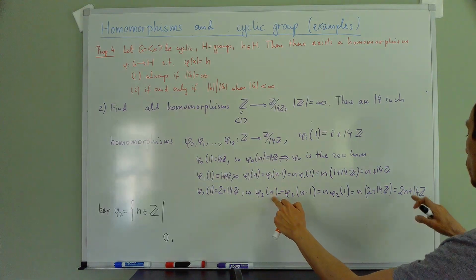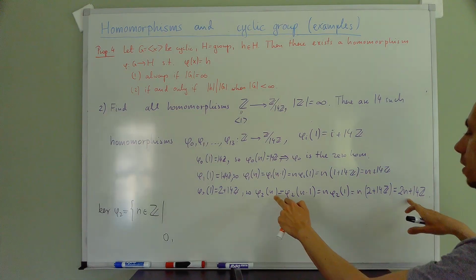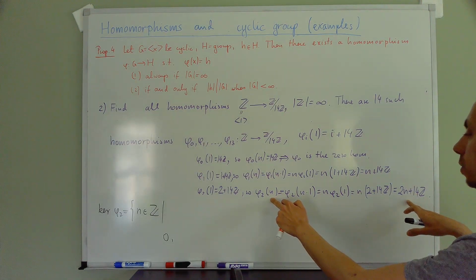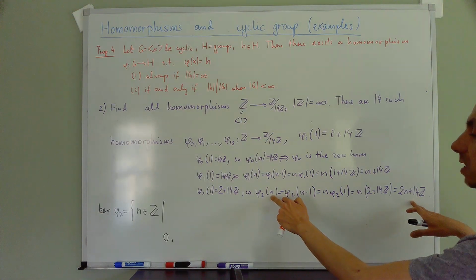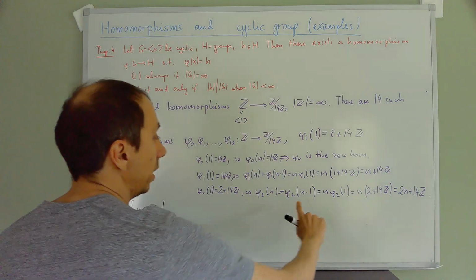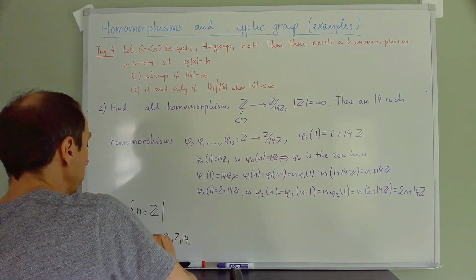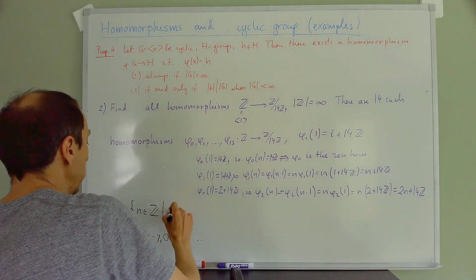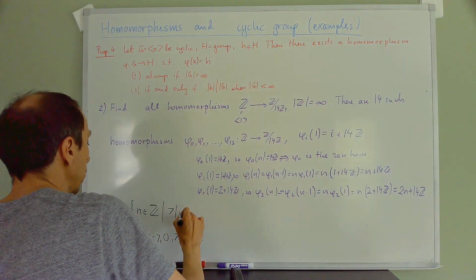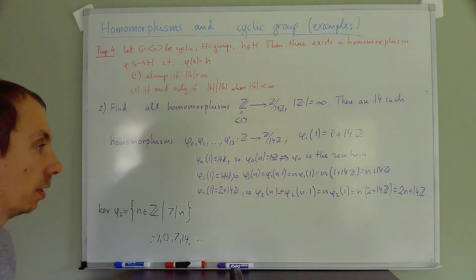Well, 1 goes to 2 plus 14Z. 2 goes to 4 plus 14Z. 3 goes to 6 plus 14Z, and so on. The next integer that's going to be mapped to 14Z is 7. And then the next one, 14, and so on. And also minus 7, and so on. So these will be the multiples of 7. So the kernel is actually different from the kernel of phi 1.